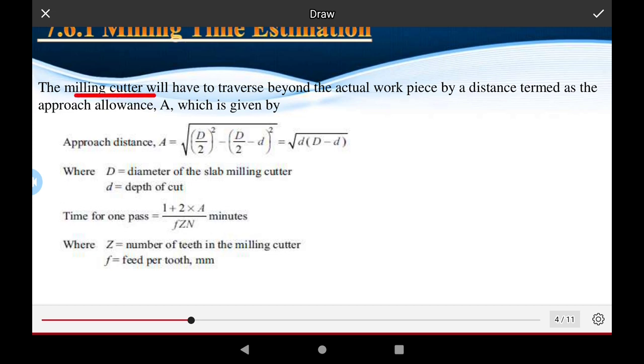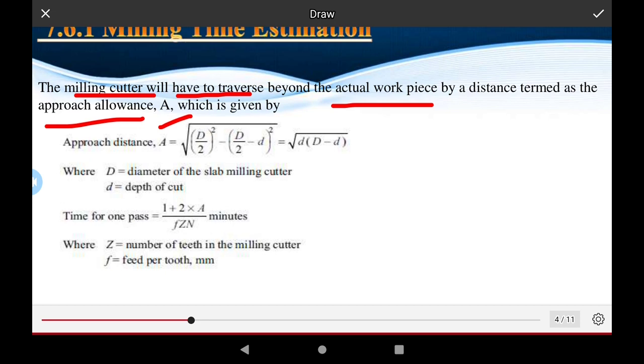This milling cutter has to travel to the start of the actual cutting, where the cutting force is required to perform the operation on the workpiece. The approach distance A equals the square root of (D by 2) whole squared minus (D by 2 minus small d) whole squared. Solving this, the 2s cancel, D by 2 minus D by 2, and small d is the common value, giving the square root of d times (D minus d).